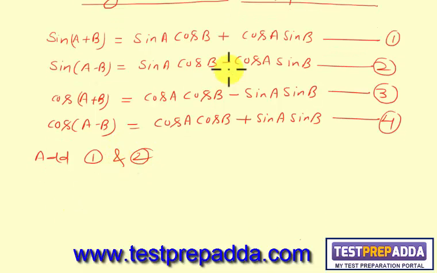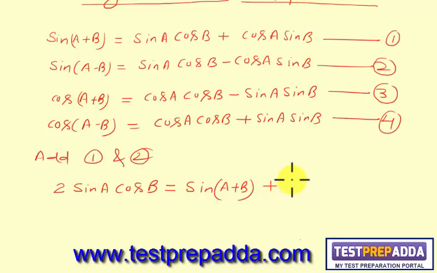If I add, you can see cos A sin B, cos A sin B, they'll get cancelled, and this way I can get 2 sin A cos B is equal to sin A plus B plus sin A minus B. Got it?